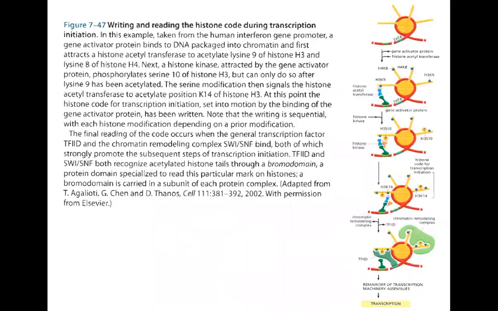Let's go back to this slide. So a regulatory protein or an activator protein binds to its regulatory sequence. Then it recruits histone acetyltransferase. We know that this is going to acetylate some of the residues on the histone tails.